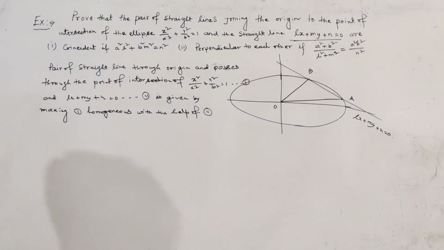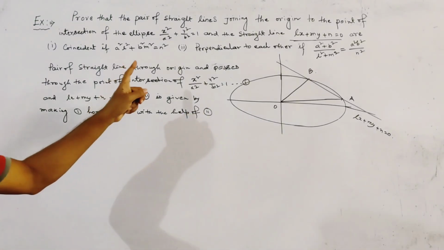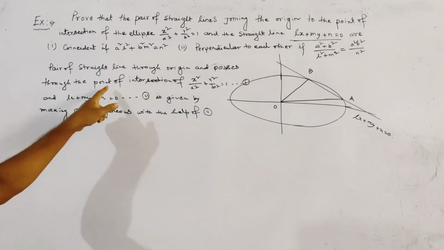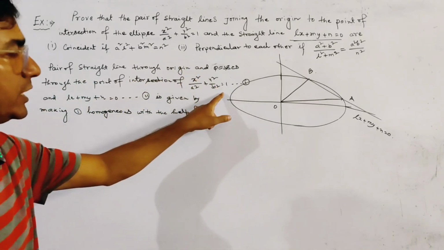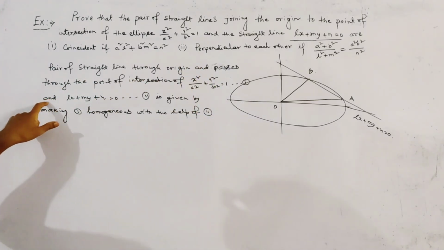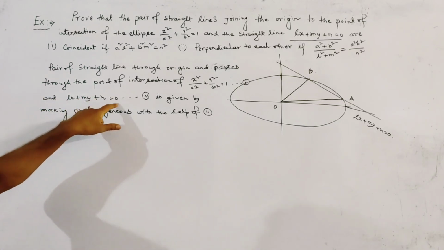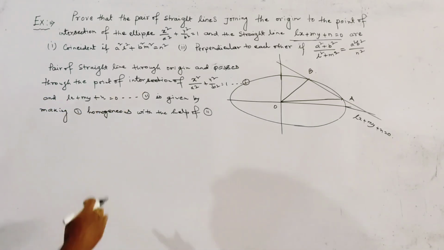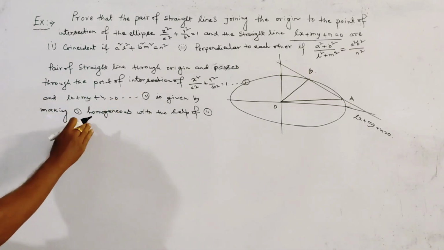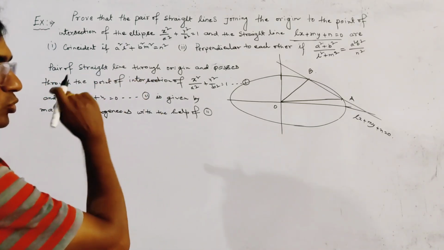So we get the pair of straight lines through the origin and passing through the point of intersection of the ellipse 1 and the given straight line lx plus my plus n equal to 0, by making 1 homogeneous with the help of 2.